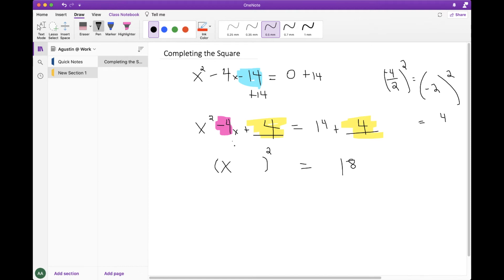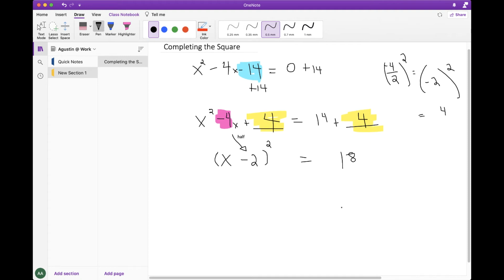And then the number that's going to go right here is going to be half of that pink number. So what is half of negative 4? It's going to be negative 2. Okay, so I've set it up now so that I can use the square root property.